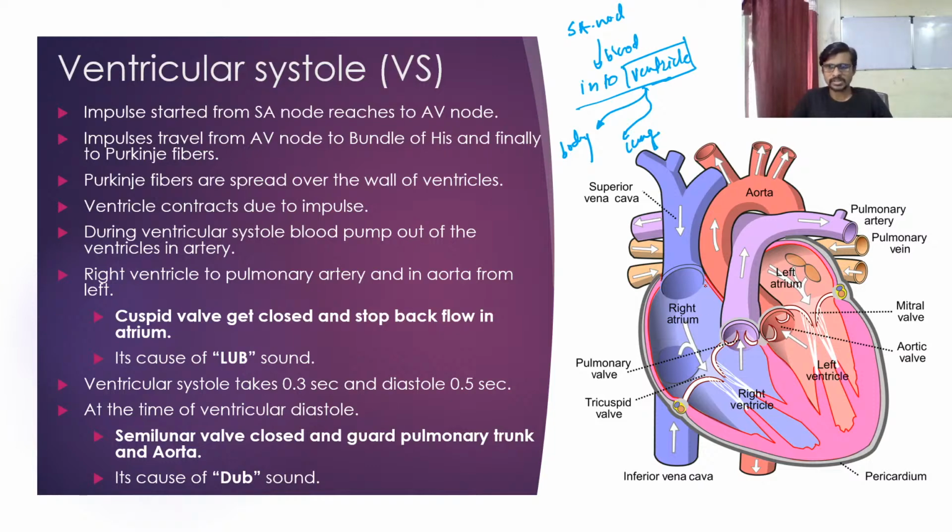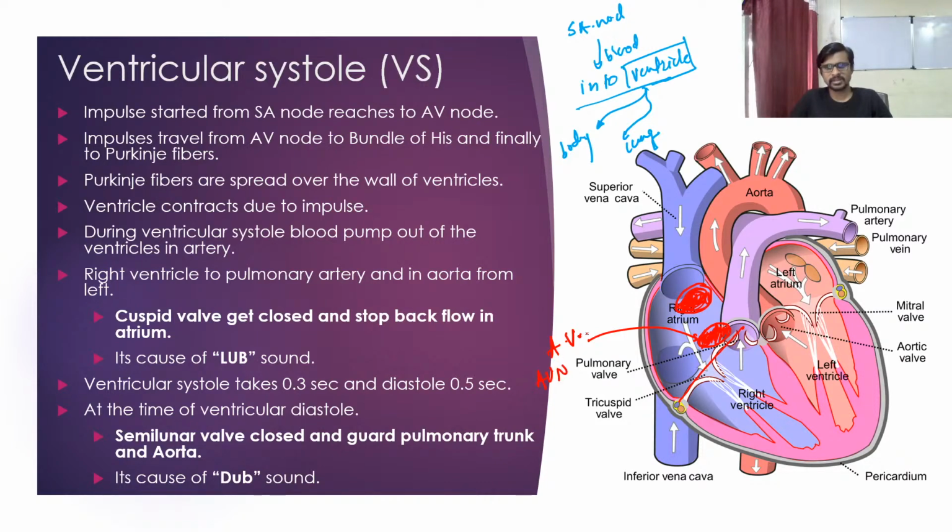Your SA node is here at the bottom of the superior vena cava. At the bottom of your atria, where the atria end, we have one more node, which we call the AV node, or AVN.